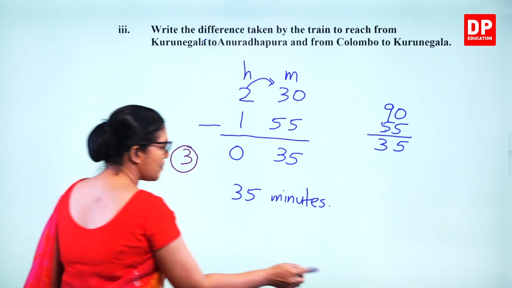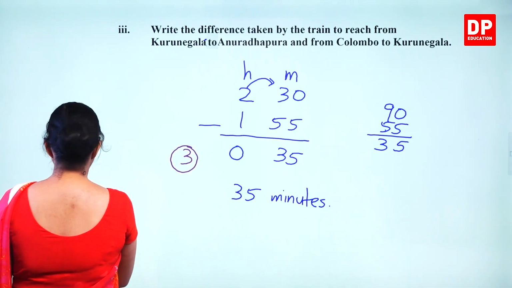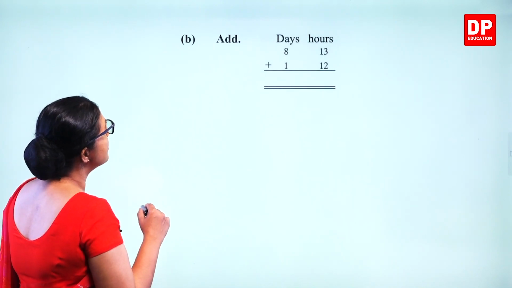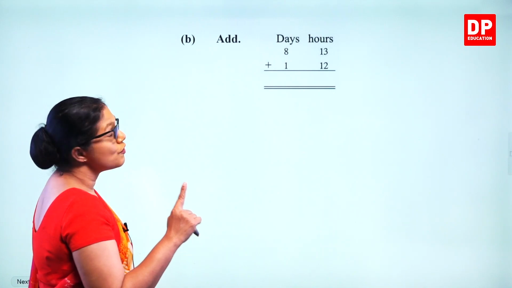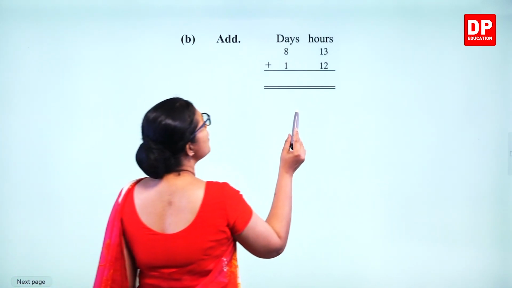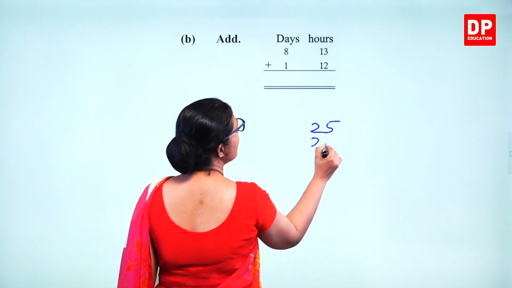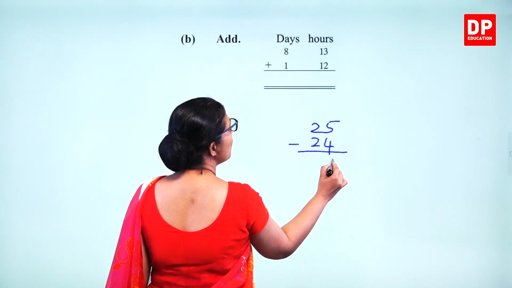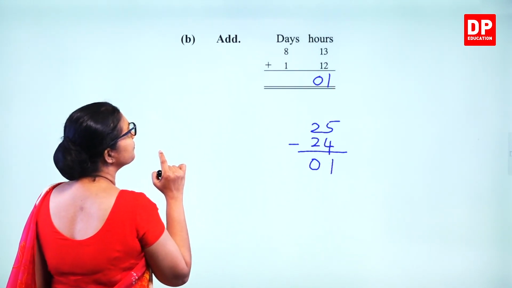Let's take the last part. Part B, add days and hours. 24 is the maximum, 24 hours you can take as 1 day. So when you are adding, you get 25. 25 you can't write, so you subtract 24, you get 1 hour there.